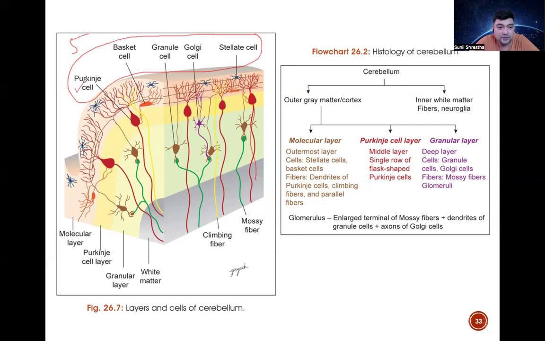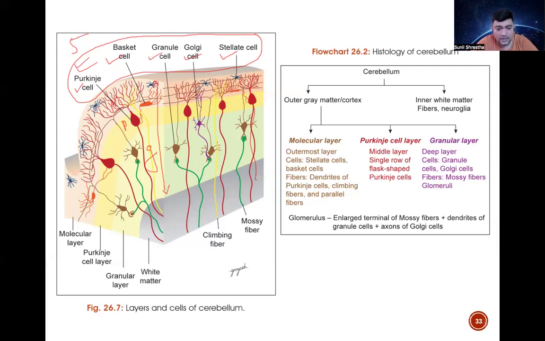The first is the Purkinje cell, then the basket cell, granule cell, Golgi cell, and stellate cell. These five types of cells are present in the different layers of the outer gray matter, in the molecular, Purkinje, or granular layer. We'll discuss where these cells are present next.